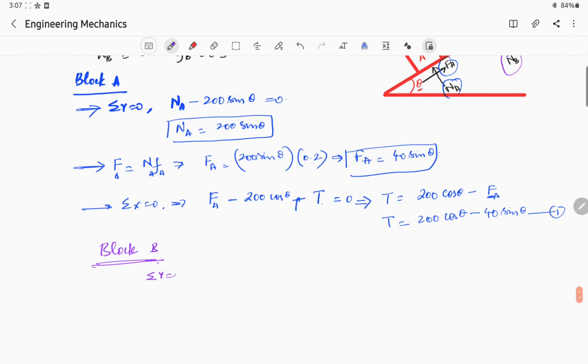So sigma y is equal to 0. NB is going in upward direction and 300 sin theta is going in downward direction, so NB minus 300 sin theta is equal to 0. So that implies NB is equal to 300 sin theta.